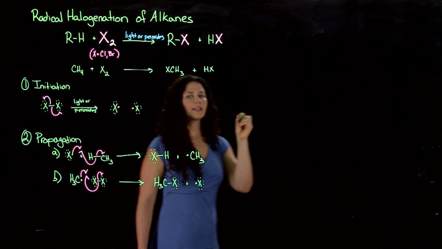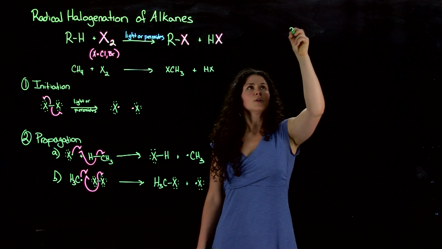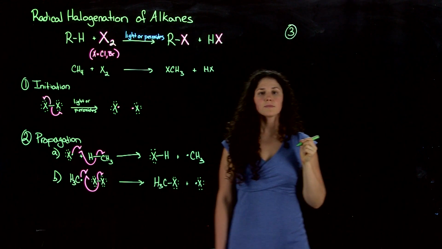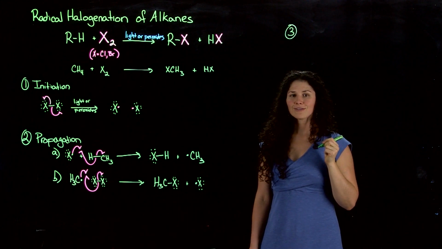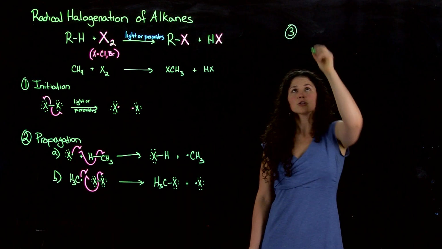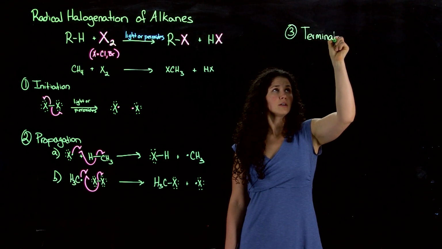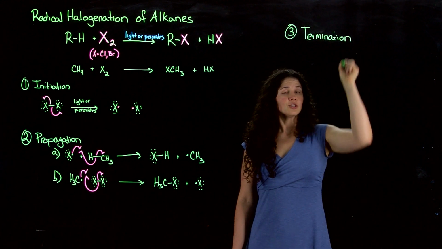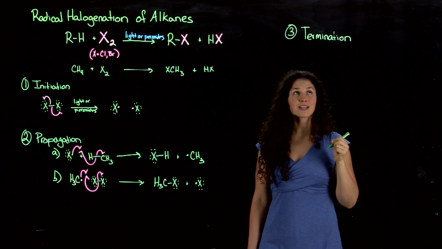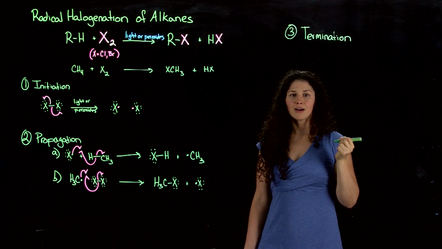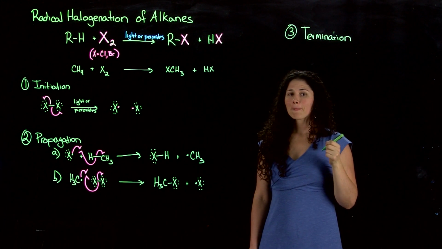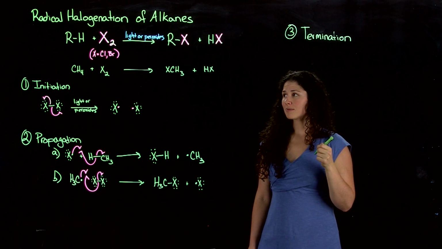The last step for any radical mechanism is a termination step. Termination steps take two radicals and combine them to make non-radical species. There are many possible termination steps that could happen.